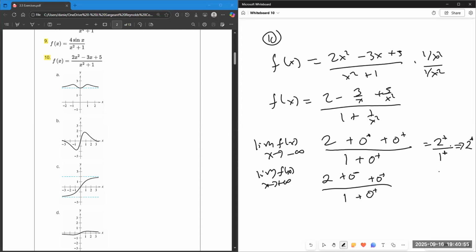And so don't worry about this above and below. This is basically 0 and 0 here. And number 10 is going to be E. So this is also going to be approaching 2. This is from above, this is from below.